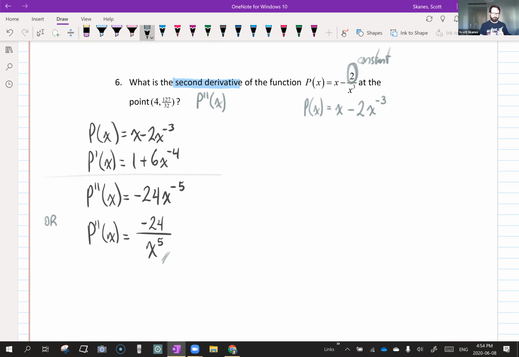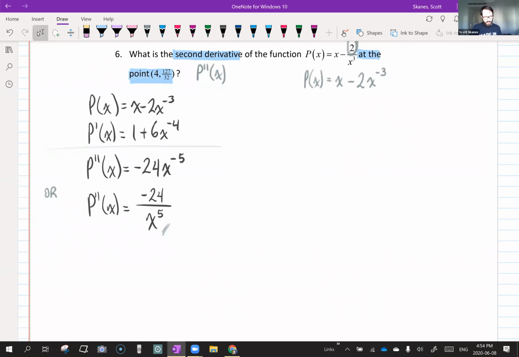We're not done, because the question actually says, what's the second derivative of the function at the point 4 and 127 over 32? We don't need to break our backs to do this. The steps are still the same. The first step is the derivative. The second step is to substitute in x equals 4.